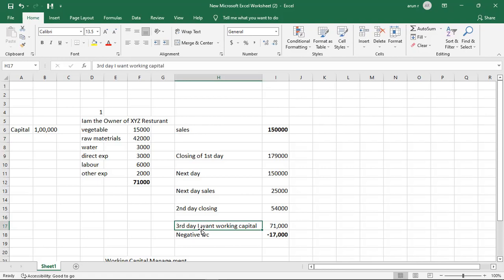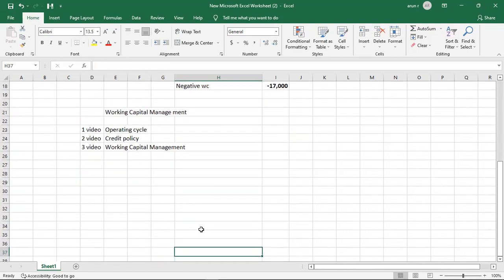How do we solve the problem in the three scenarios given? We find out the operating cycle, the credit policy, and the working capital management. First, the operating cycle.